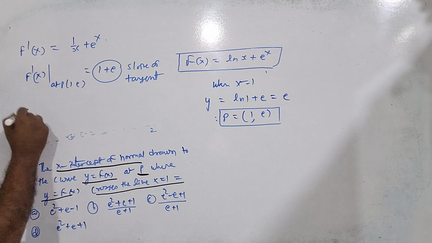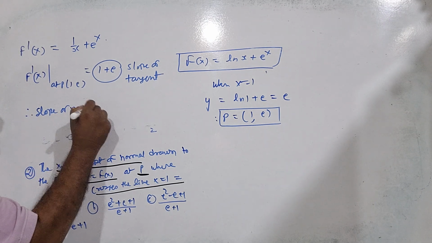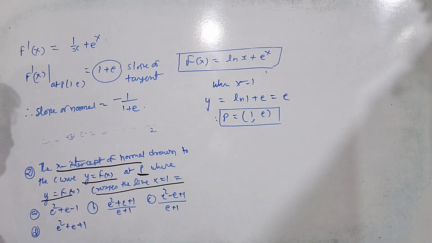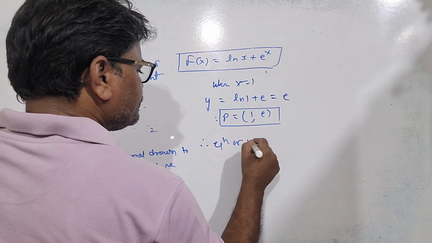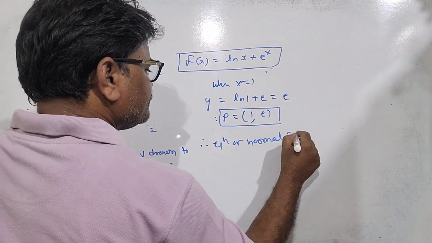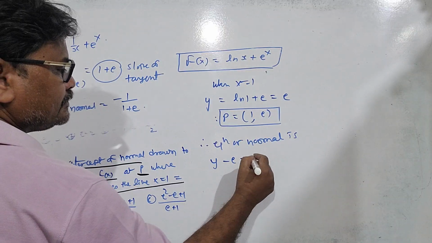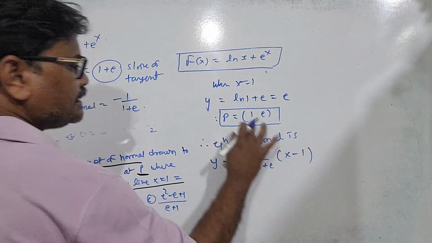Therefore the slope of normal is minus 1 upon 1 plus e. And therefore the equation of normal is y minus y1, that is e, equals slope minus 1 upon 1 plus e times x minus x1, that is 1.